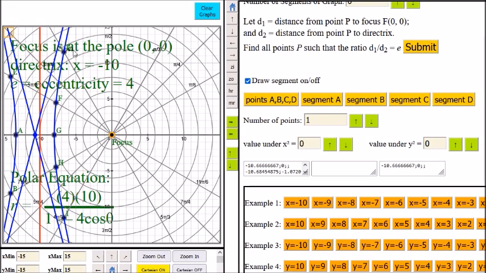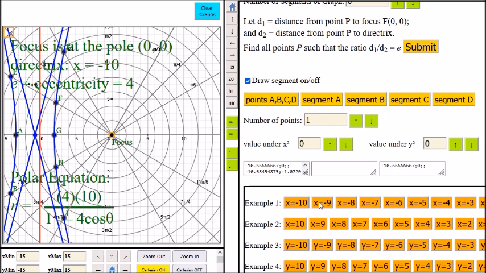And so here we have a hyperbola. The directrix is x equals negative 10. So the distance from the pole to the directrix is 10, and so d will be 10. The eccentricity is 4. And therefore the equation is ed divided by 1 minus e times cosine of theta. So this is the vertical directrix.